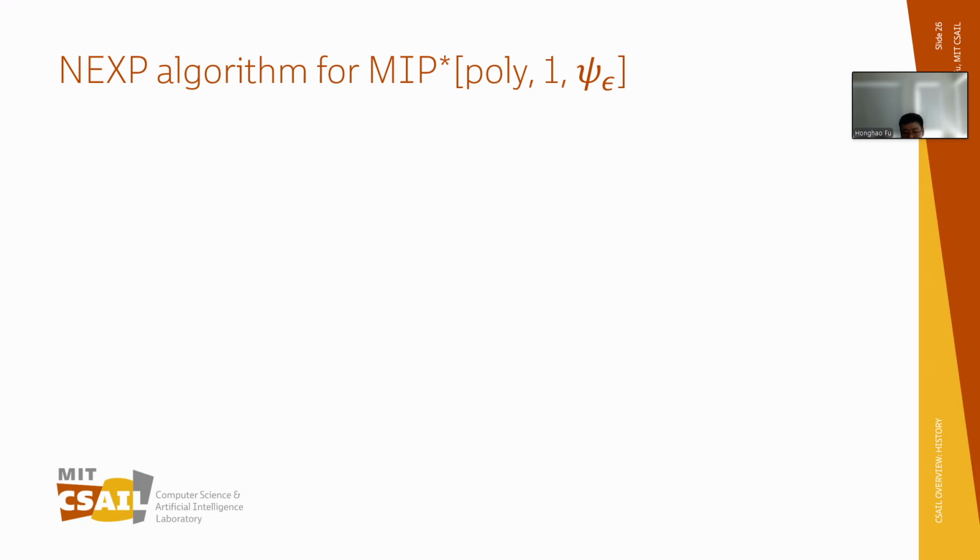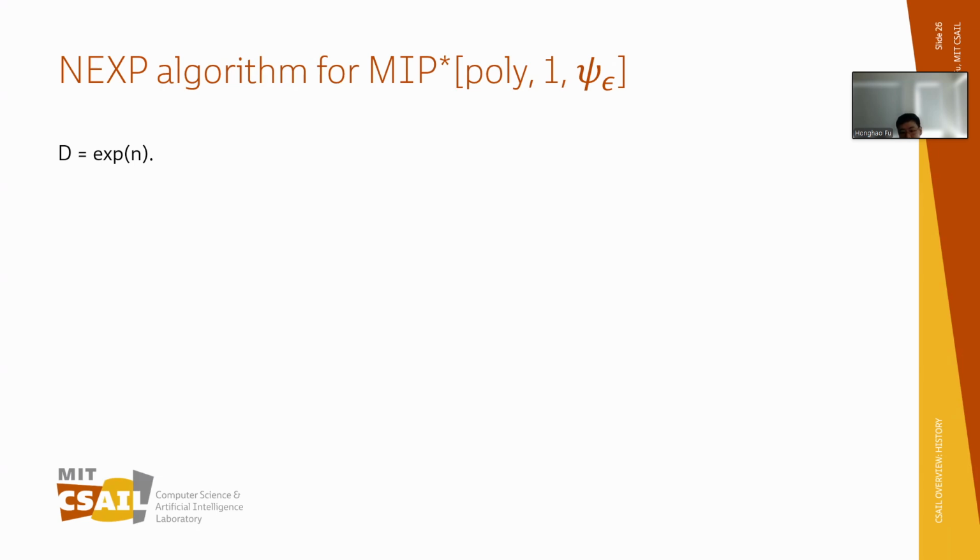But for the certificate, the first idea is to send all the Fourier coefficients of all the POVMs in this strategy. But when the length of the question is poly, the size of the question set is 2 to that number, so it is exponential in n. So the total number of all the Fourier coefficients is going to be doubly exponential.